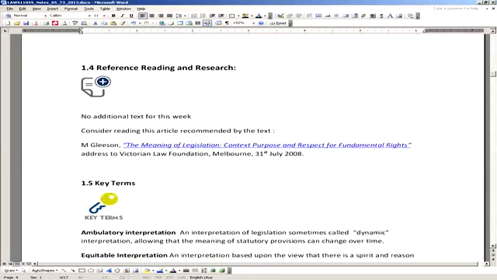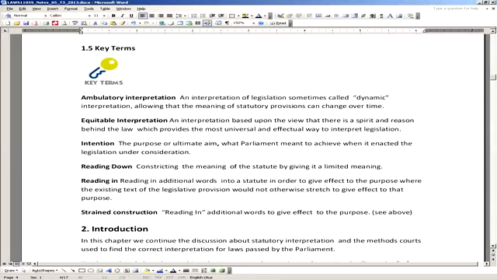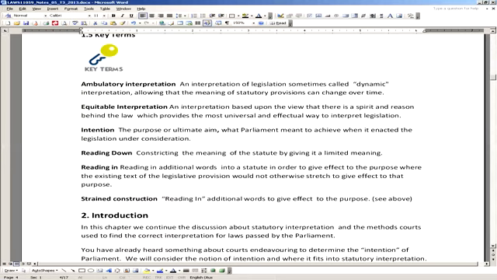So there are some key terms that we focus upon. Ambulatory interpretation is this idea that legislation can be dynamic, that a 1904 Act, and I'm just making that up, might have a very different interpretation in 1930 to the interpretation that might be applied today, even though the words in that section or in that act haven't changed.